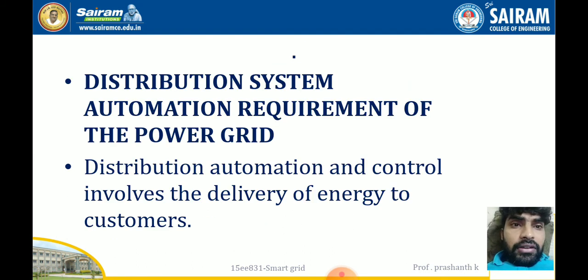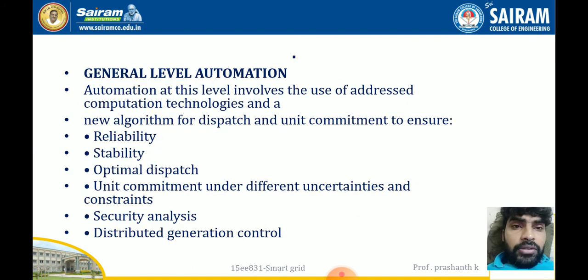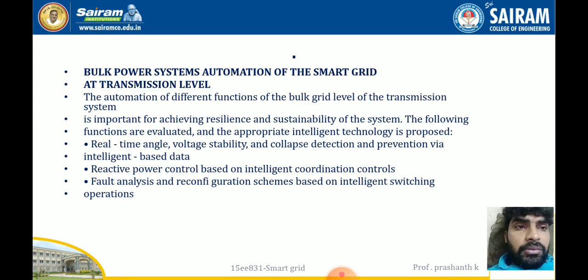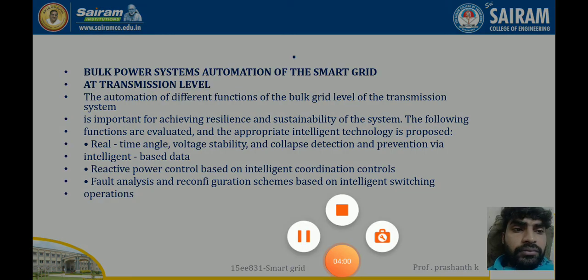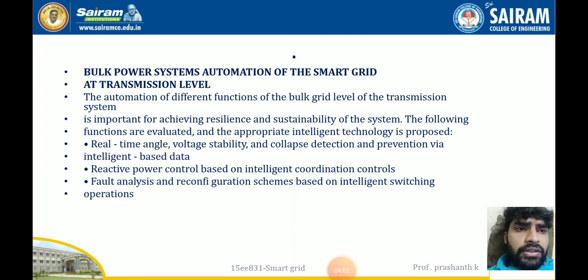So next, I told you the diagram here, of power system automation of the smart grid. The automation functions at the bulk grid level of the transmission system are important for achieving resilience and sustainability of the system. The following functions are evaluated with the appropriate intelligence technique proposed: real-time angle and voltage stability and collapse detection and prevention via intelligent data, reactive power control based on intelligent coordination controls, fault analysis, and reconfiguration schemes based on intelligent switching operations.